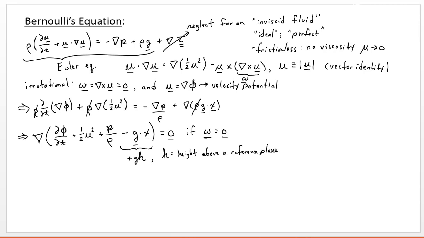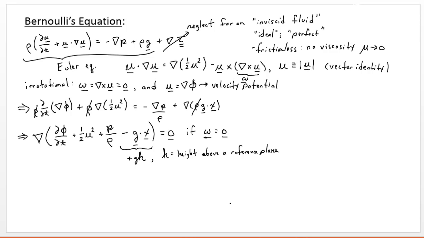So you simply pick some convenient location to set h equal to 0, or to use as the origin of the z-coordinate in your problem, and then h would just be the distance above it if it's positive, distance below it if h is negative. And the choice of the reference plane is completely arbitrary. It's just made as a matter of convenience for the particular problem.